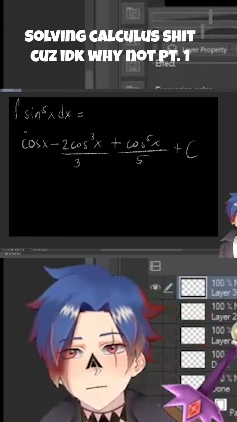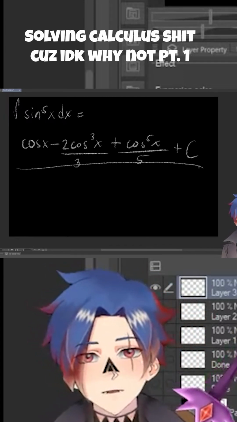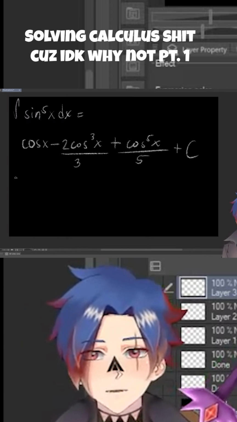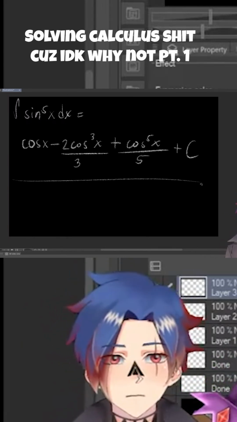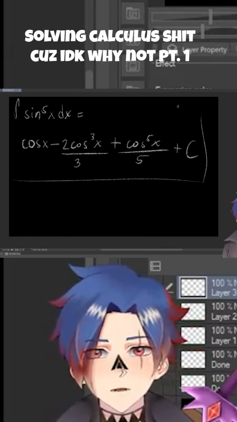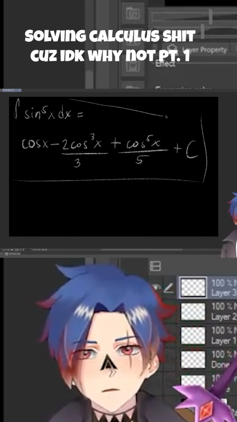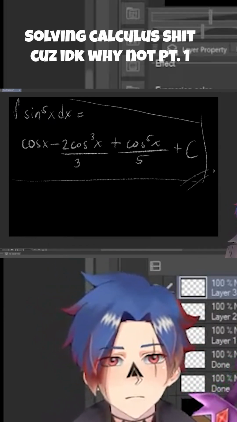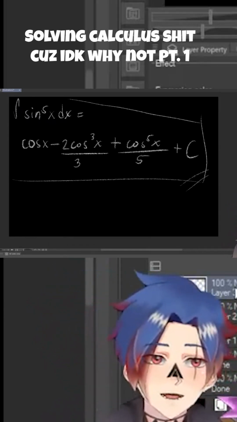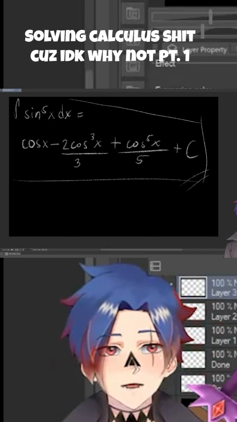So that's pretty much the answer. I'm just gonna name this layer done.